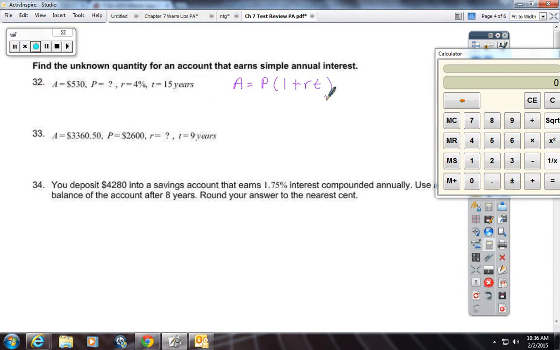I don't know what P is, and I'm going to take 1 plus the rate. The rate is 4%, which I'm going to write as a decimal, which is 0.04, times the time, which is 15 years. So the first thing to do is work what's in the parentheses. So I've got to take 1 plus 0.04 times 15, which equals 0.6.